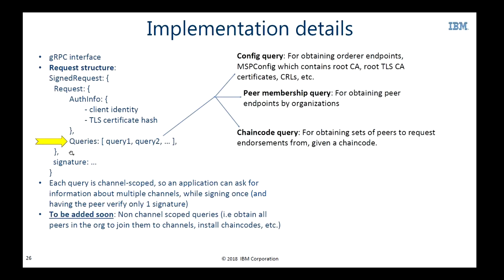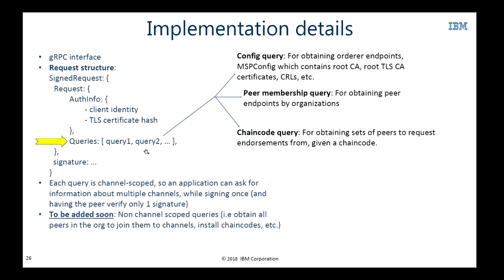Now, the actual important part, which we need to focus on, is the queries part. That's the main difference between this gRPC interface and, for example, the Fabric system chaincode. We can have all of the queries that the client needs in one single service discovery request.